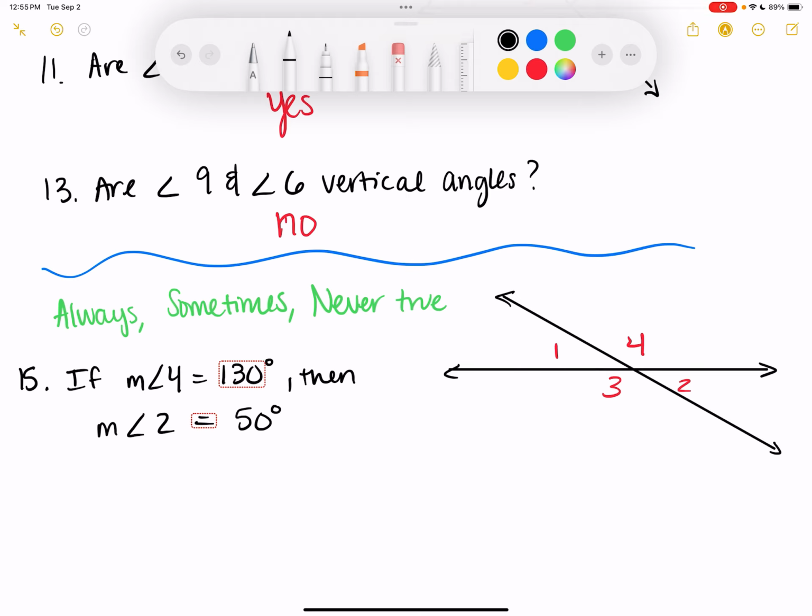Is this always true, sometimes true, or never true? Would these two add up to be 180? Yes, so this would be always true, because the measure of angle 4 plus the measure of angle 2 should be equal to 180. And if I plug those numbers in, they are.